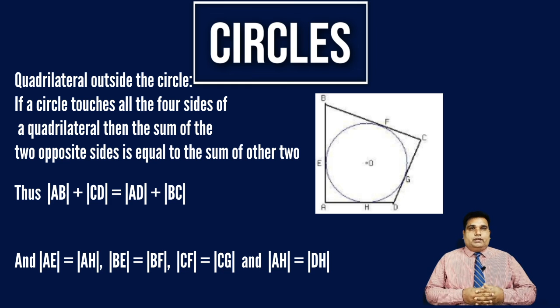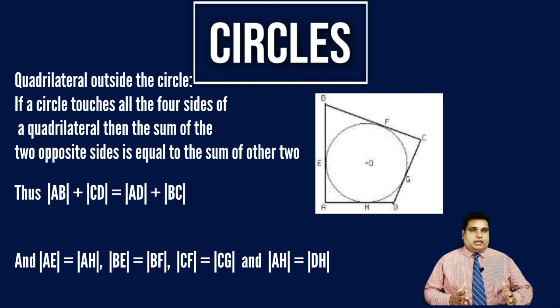Also there is one more unique property, the tangent segment property. Here you can see that tangent AD is touching the circle at point H. Also tangent AB is touching at point E, BC is touching at F, and DC is touching at G. The tangent segments will be equal.